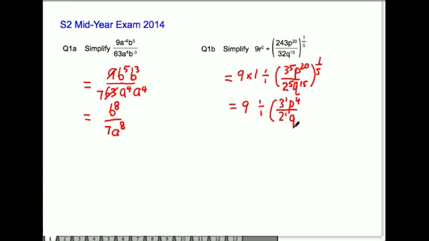And similarly, we have q to the power of 3. Next, we take care of the division sign by inverting the fraction. 2q cubed over 3p4. And cancelling the common factor, we have 6q cubed over p4.